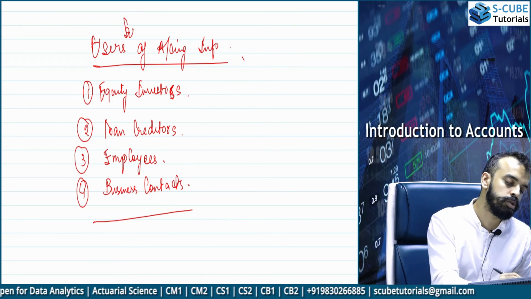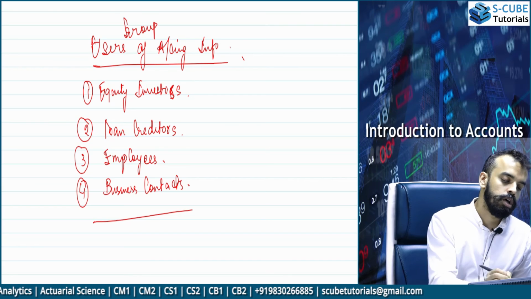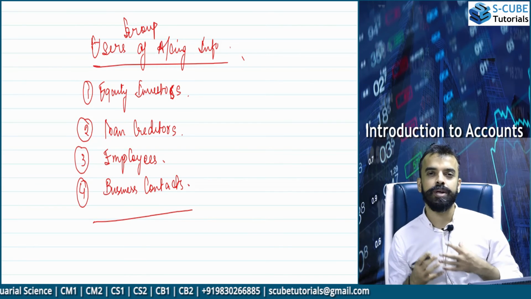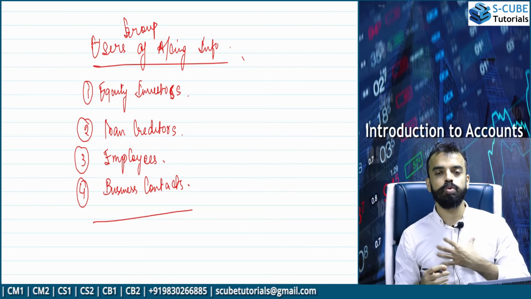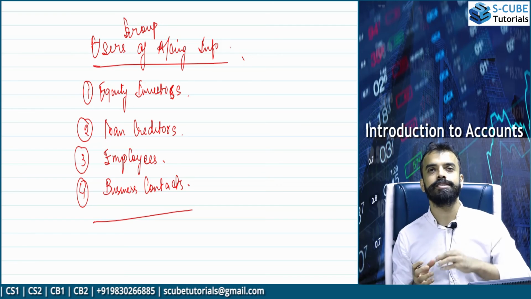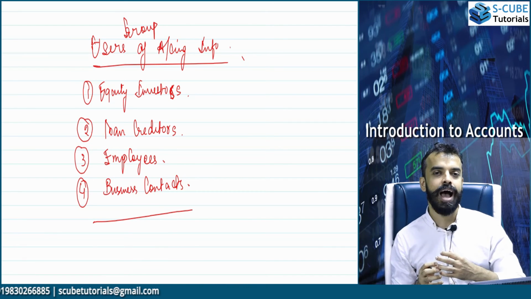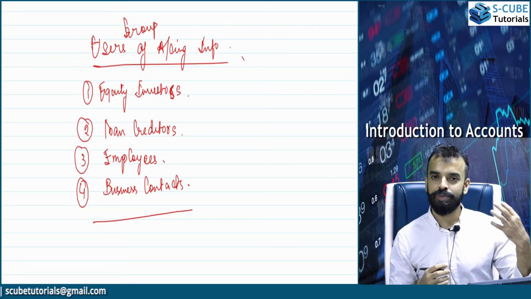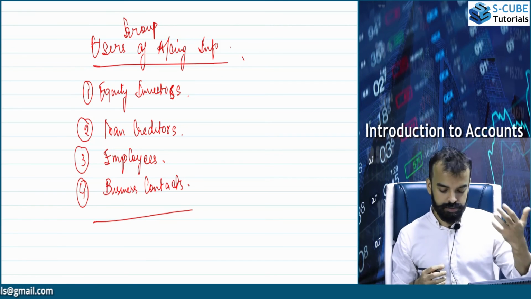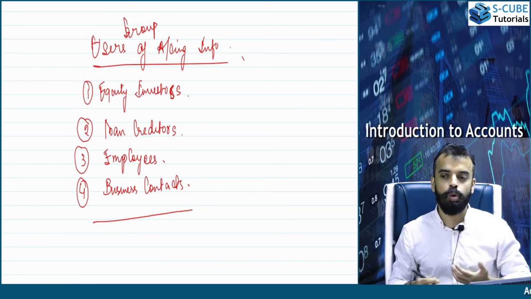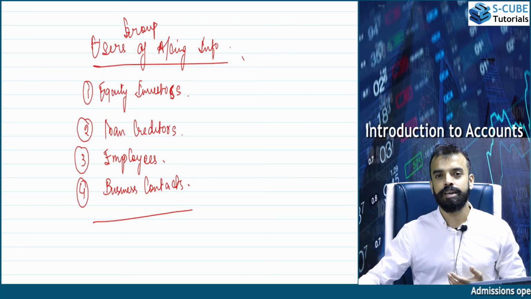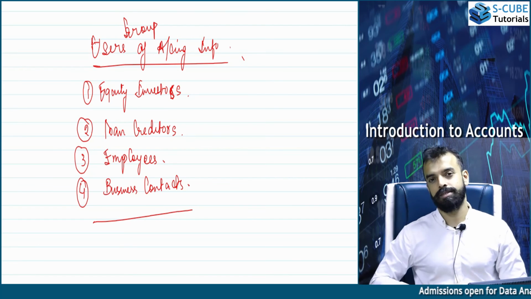So the first group is the equity investor, or the person who is investing his money in a business. If I am buying the equity shares of a company, I am interested in becoming the principal stakeholder in the company. I am interested in becoming its owner.